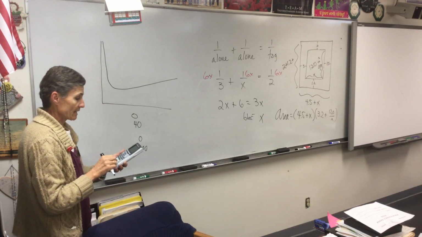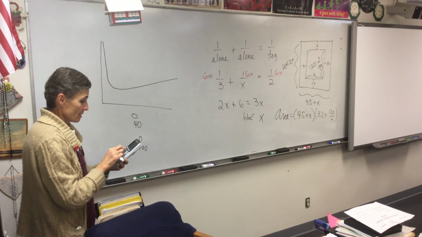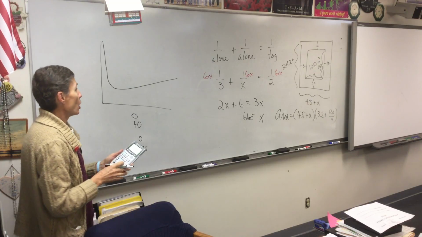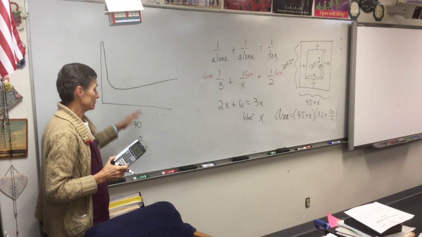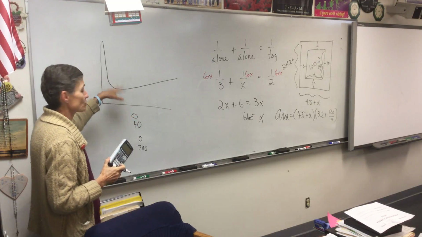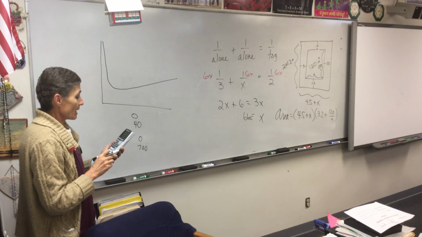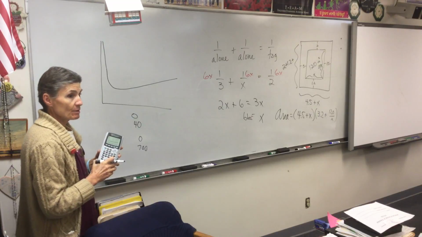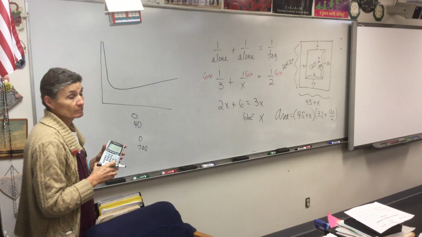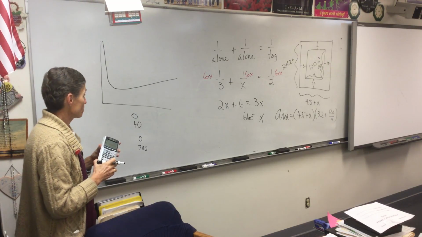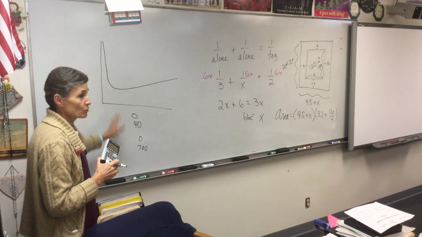That's what I finally settled on. Those aren't the only dimensions you could use, but that's what I use. And I just did that trial and error. There are lots of other numbers you could be using.